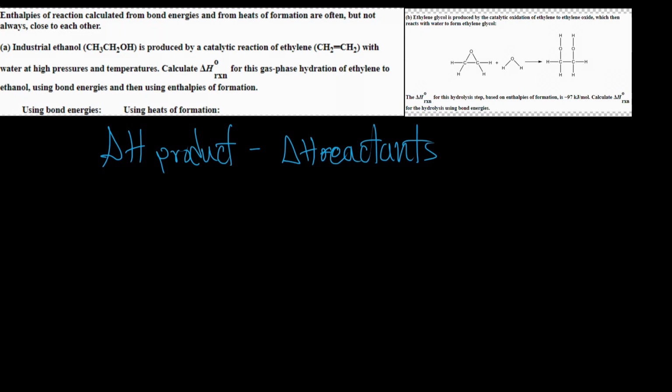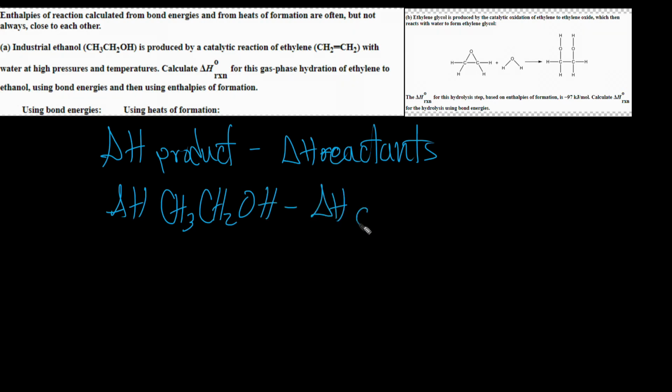So the delta H of CH3CH2OH minus delta H of CH2CH2 added to the water, which is H2O. And these values you can find in your appendix B, or you could look them up.